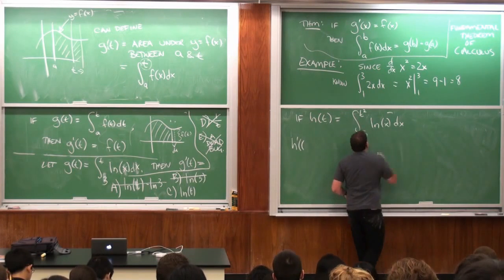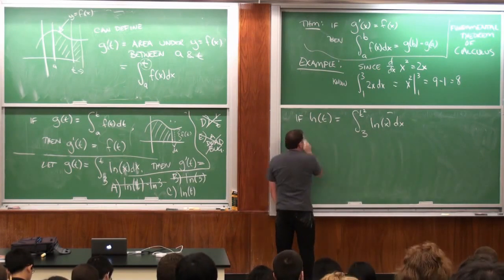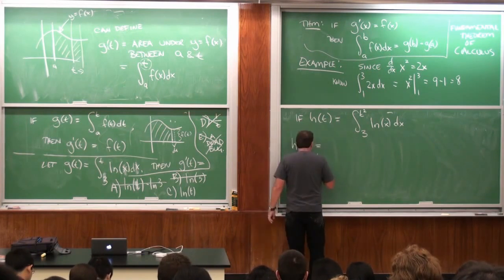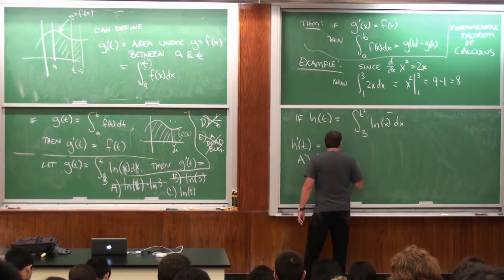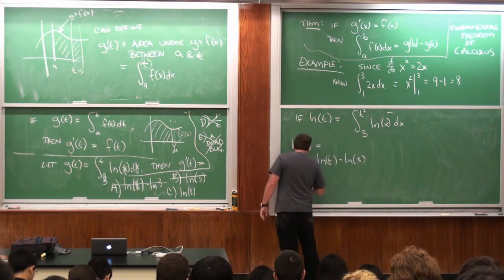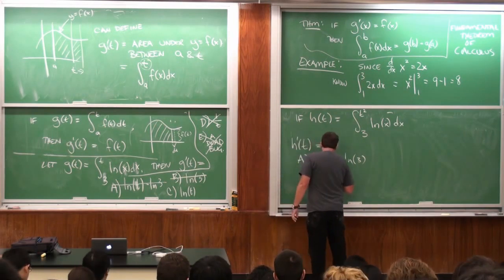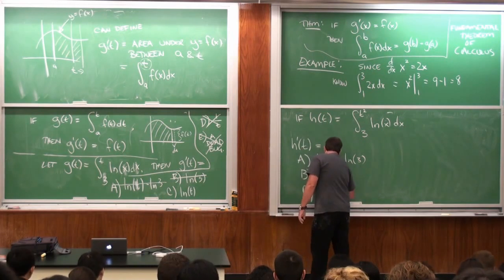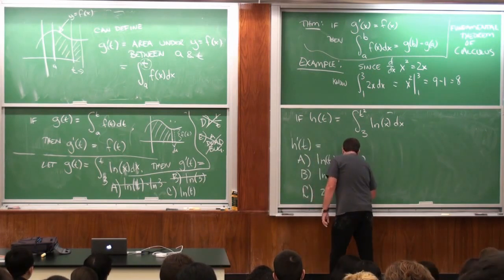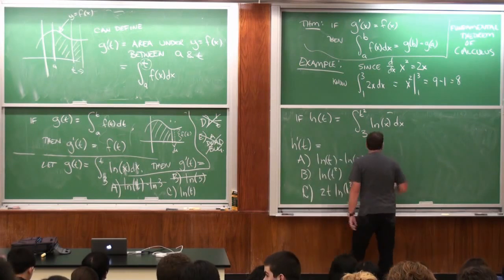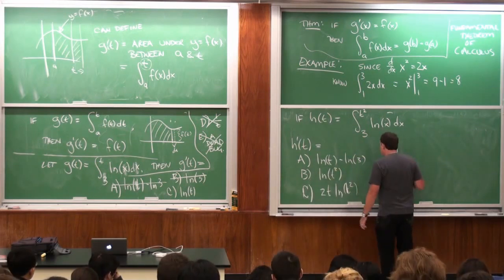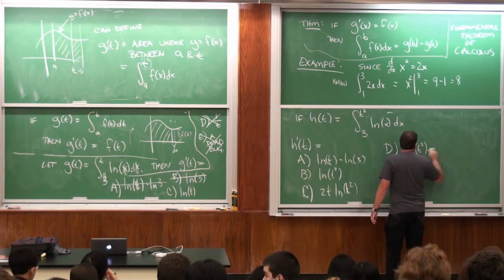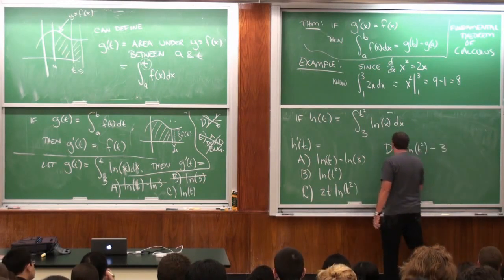That was d math. So h prime of t is A log t minus log 3, B log t squared, C 2t log t squared, D log t squared 3.